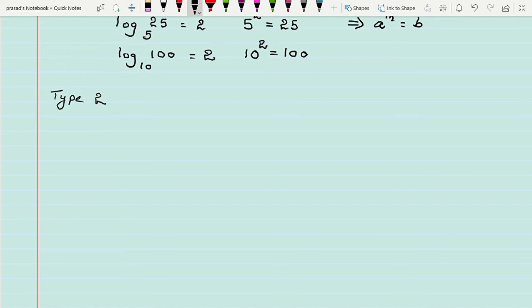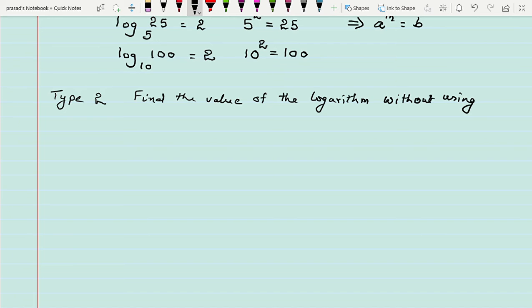Here, find the value of the logarithm without using a calculator.